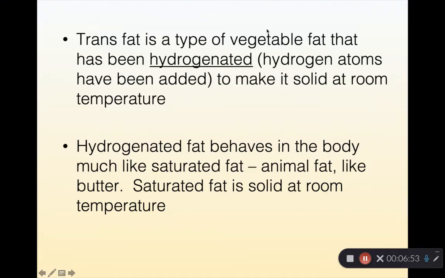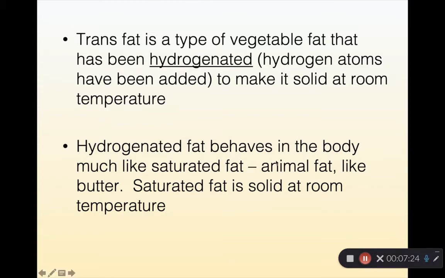So trans fat is a type of vegetable fat that has been hydrogenated, which means hydrogen atoms have been added that allow it to become solid at room temperature. An example of a hydrogenated fat or a trans fat is palm oil, and you probably note that in a lot of processed foods, palm oil is the primary fat that's used, because it's stable at room temperature and it's able to preserve food for a long time.